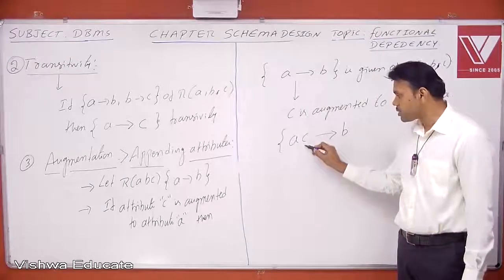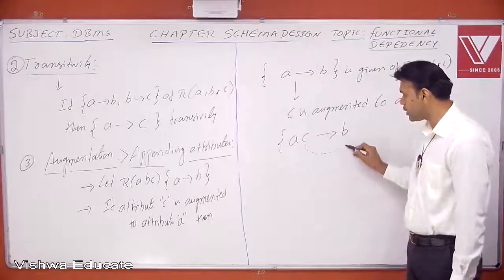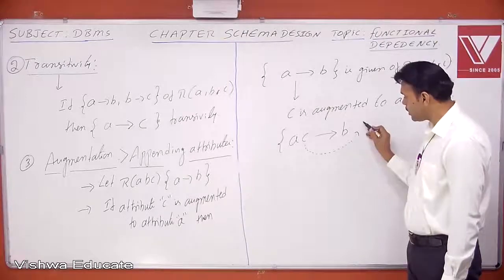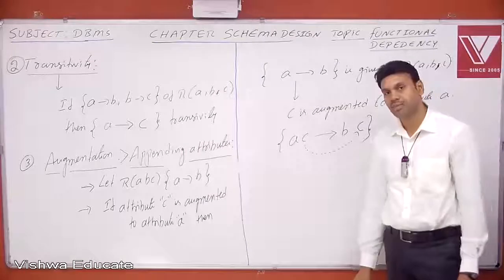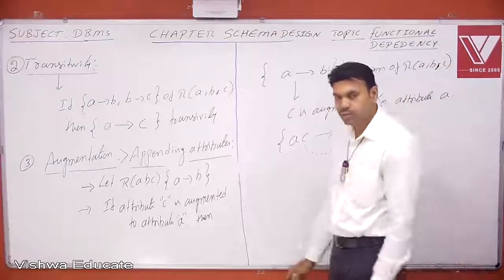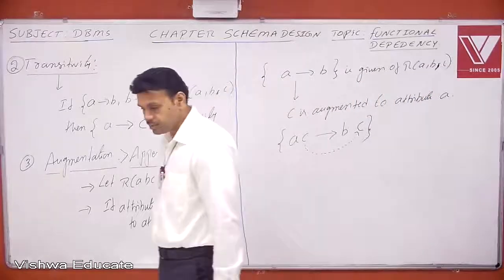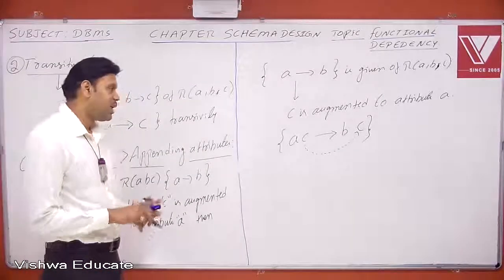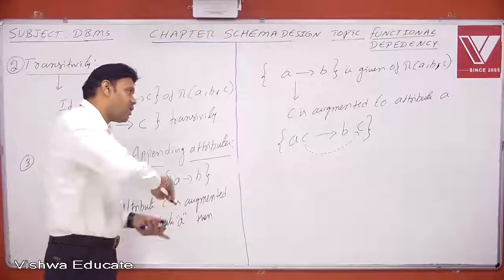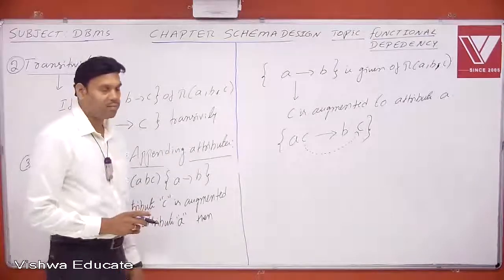Since you attach C to the left hand side, that C can be attached to the right hand side, as per the reflection rule. What is the reflection rule? Whatever is there at the left hand side, I can write it in the right hand side.